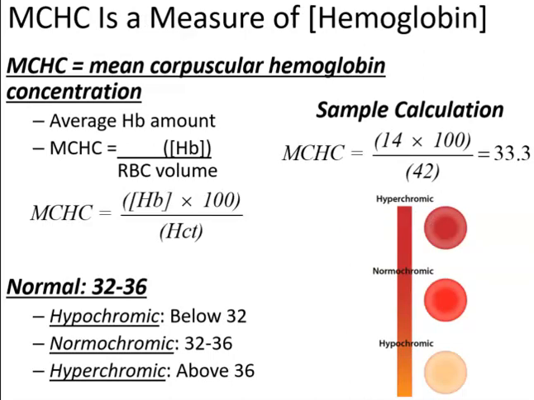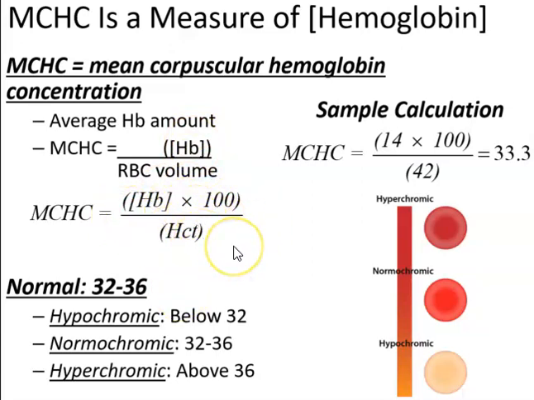Mean corpuscular hemoglobin concentration is a measure of hemoglobin concentration. So to get the MCHC, we would use this formula. So we would take the hemoglobin concentration, multiply it by 100, and then divide it by hematocrit.